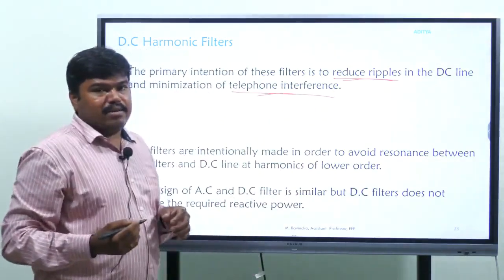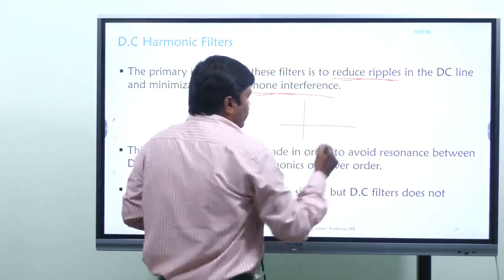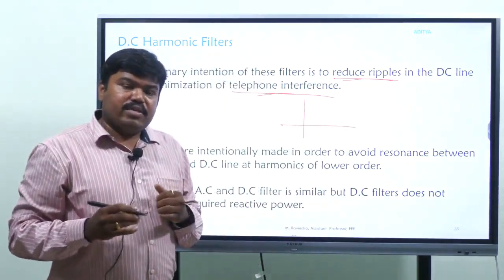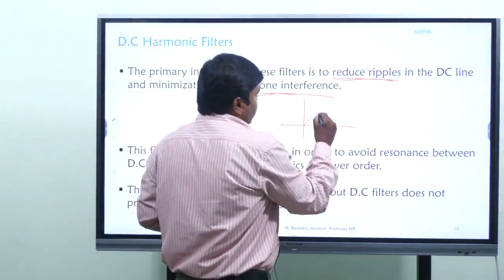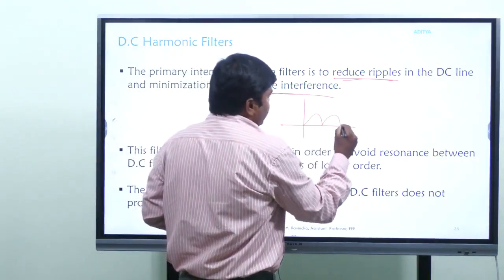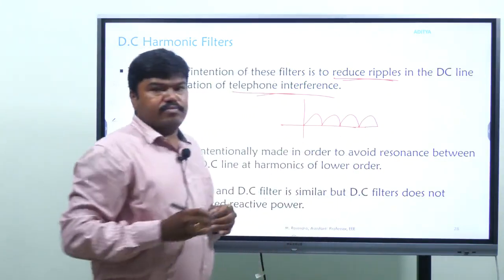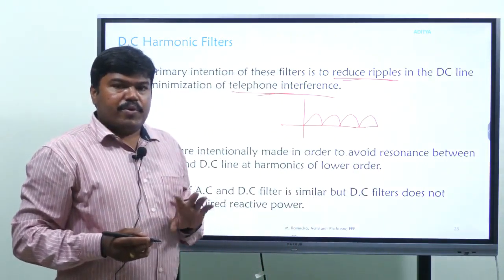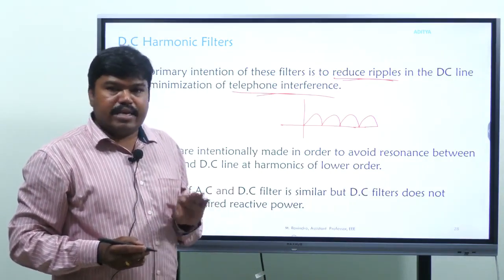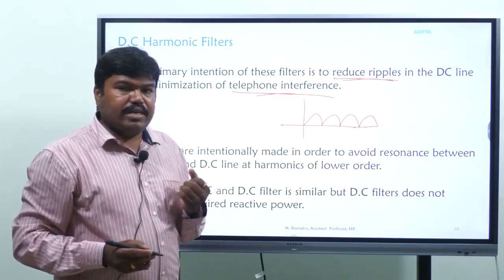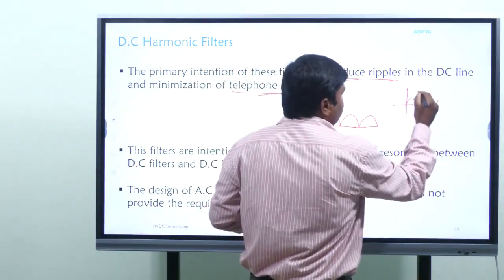What is meant by a ripple here? What is the purpose of a converter? It converts the AC supply to DC. Let us consider a sinusoidal waveform, the AC supply.